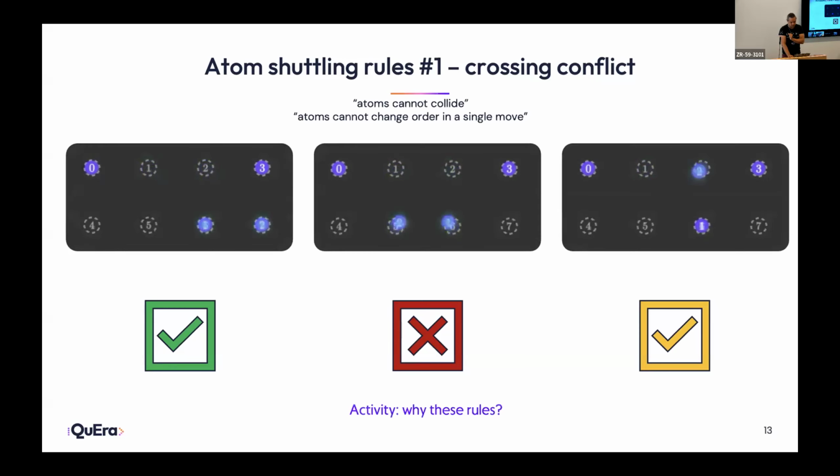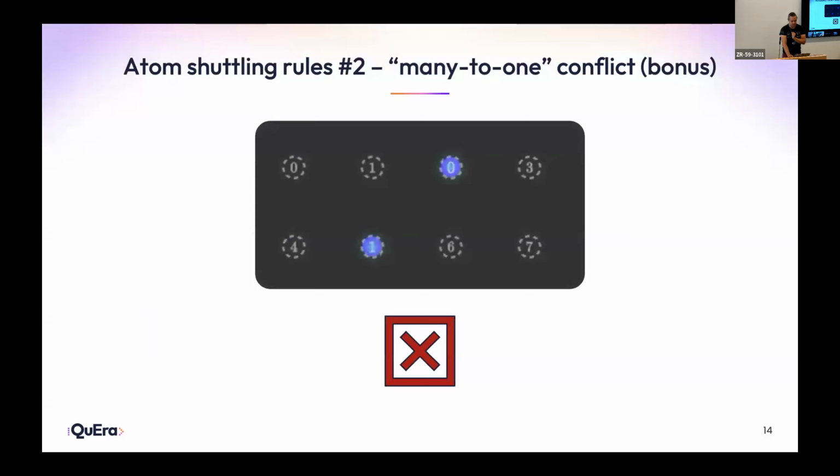To that point, this is an interesting one, right? This is not allowed because you're degenerating the grid. Even if the atoms are not colliding, they're ending up one on top of each other. That would mean that the grid that you started with had columns that overlapped. So this is no good, and the reverse of that is no good either.